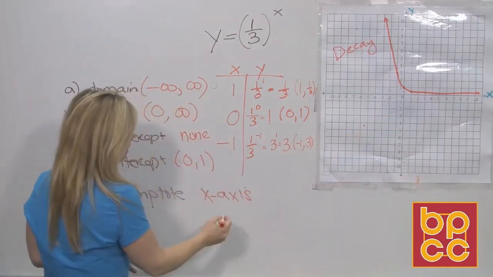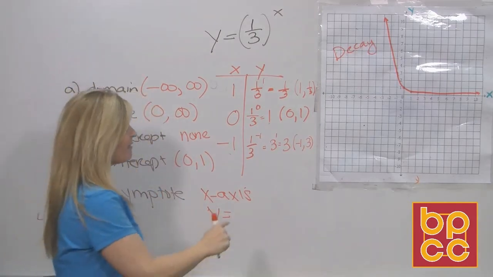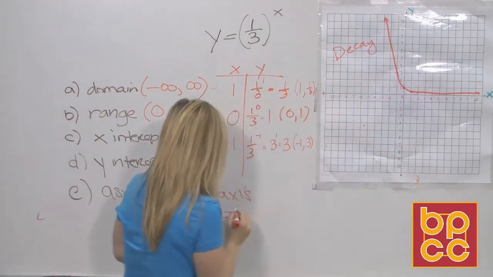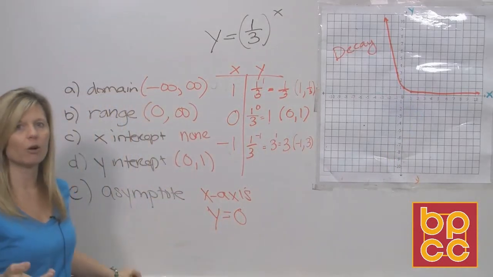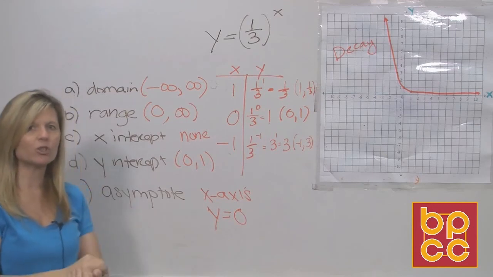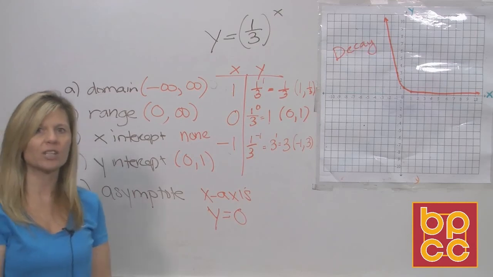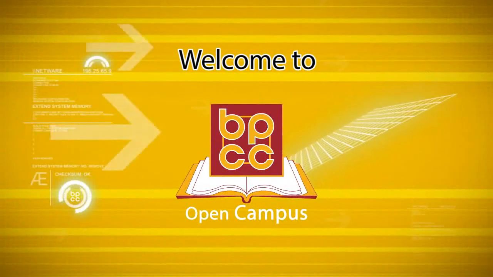We learned in the previous modules, horizontal lines are always written y equals. And what is the y value on the x-axis? It is 0. So in this module, we learned about a new graph that's related to an equation we solved a long time ago. Exponential curves can either grow or decay. All right, I'll see you in the next module.